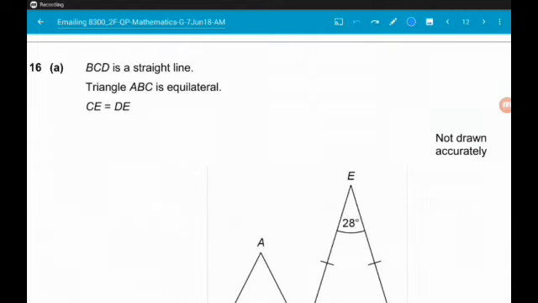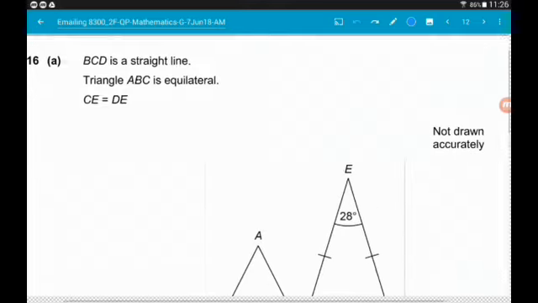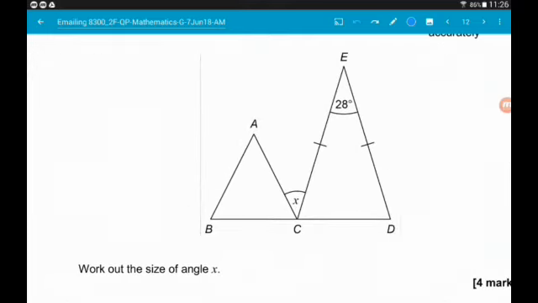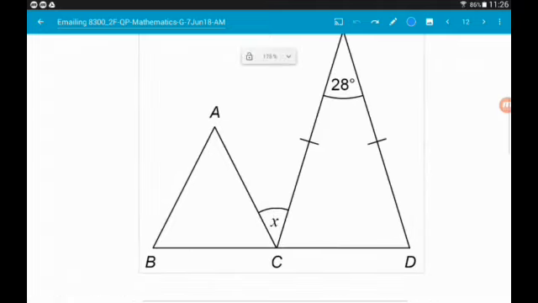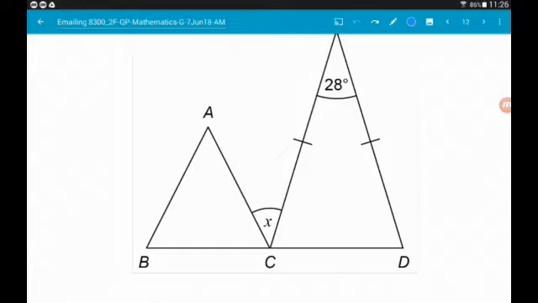Okay, for 16a we've got some missing angle fun. So BCD is a straight line, ABC is an equilateral triangle, and CE is equal to DE. We want to find the size of angle X. So, what do we know?